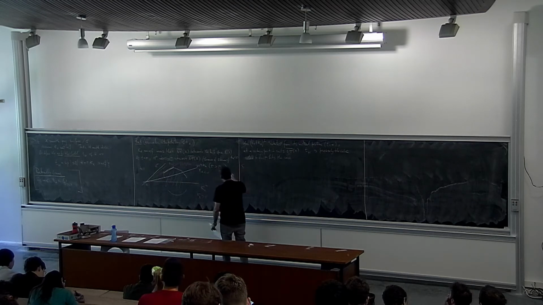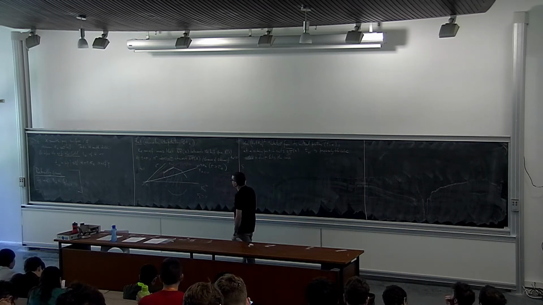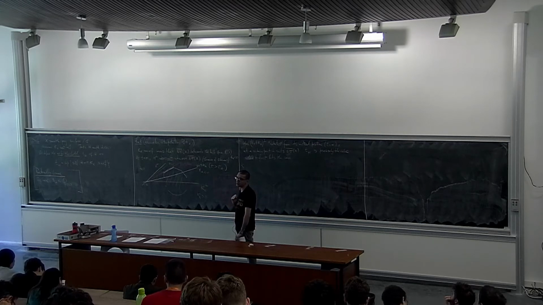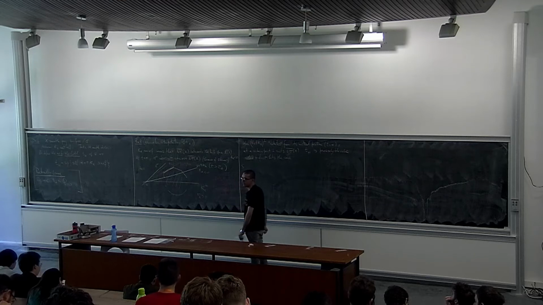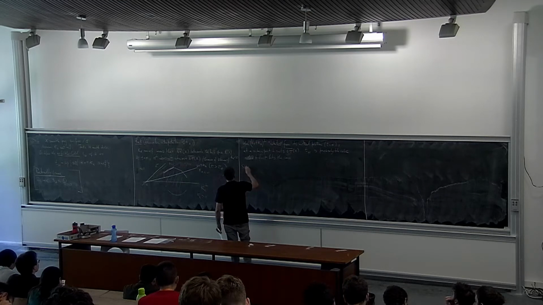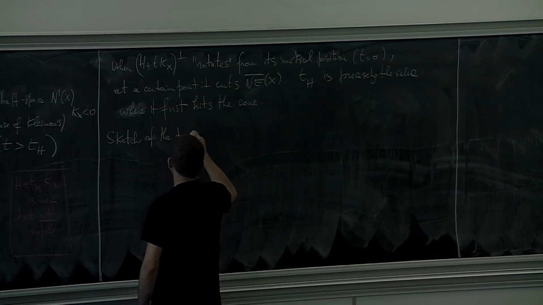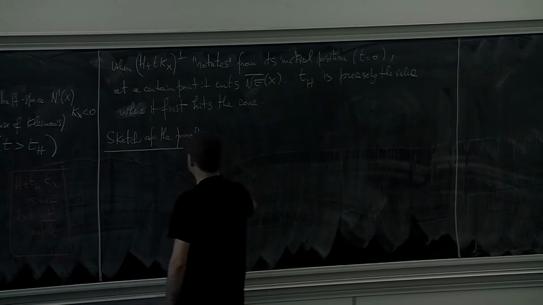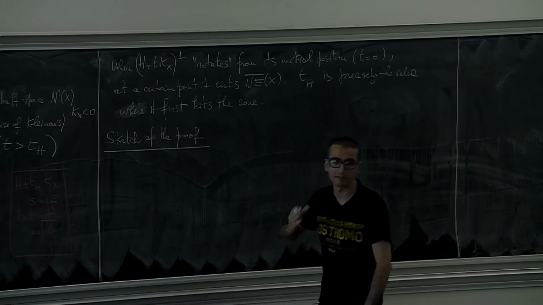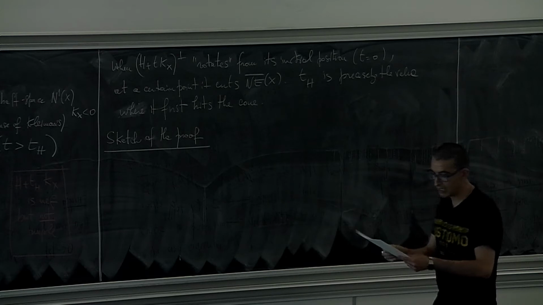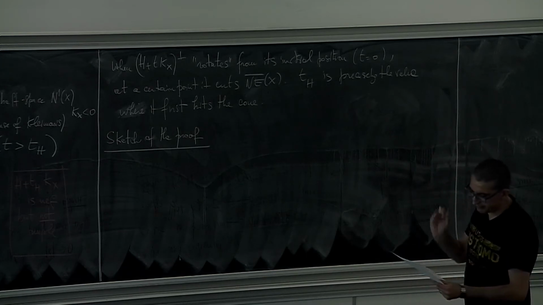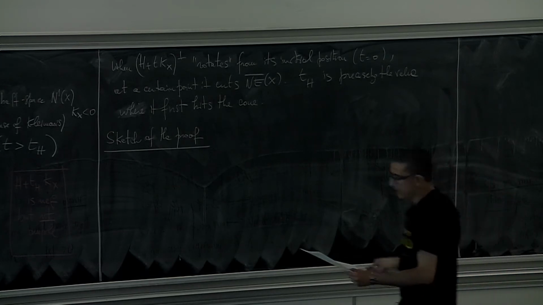You can find the proofs in the books that I gave to the organizers when they asked me for some literature on the topic. In Reid's book on algebraic surfaces there is a proof as well, and in lecture notes. Okay, sketch of the proof.